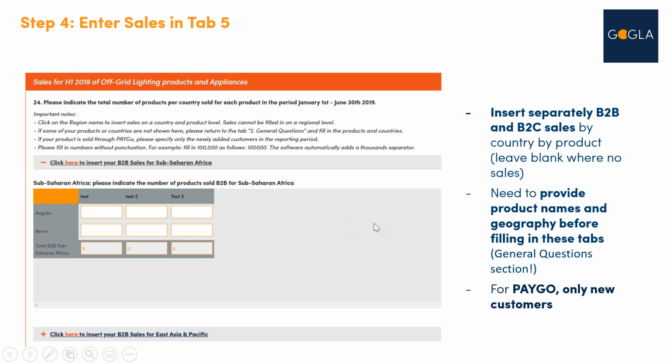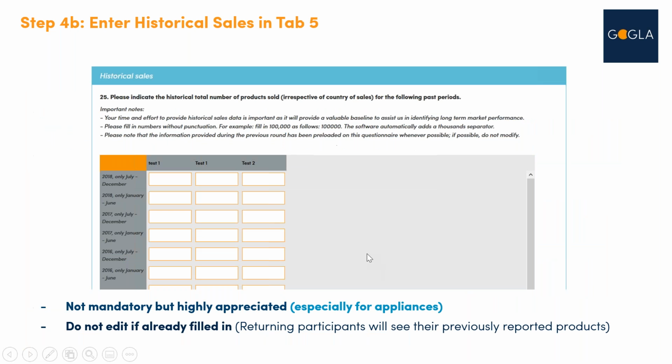Now, when you're on this page and you filled in your sales for the past half year, for the past 6 months, which will be the 2019 H2, scrolling down, there is still the option, and it's non-mandatory, to fill in previous sales, or historical sales, how we call them.